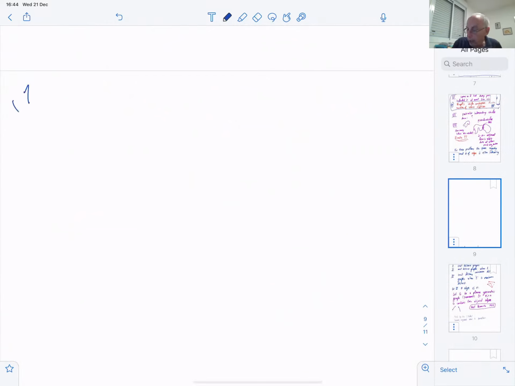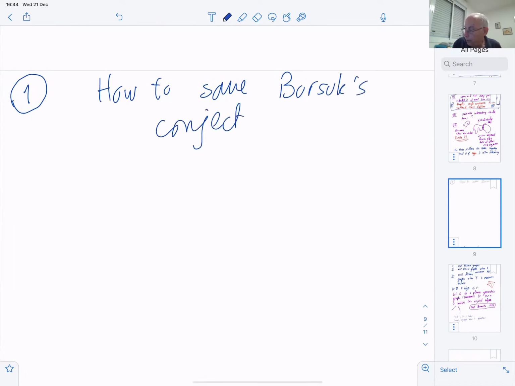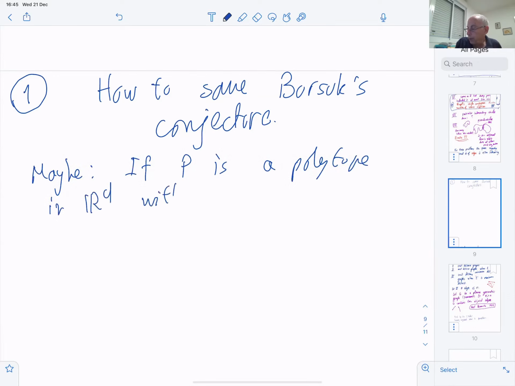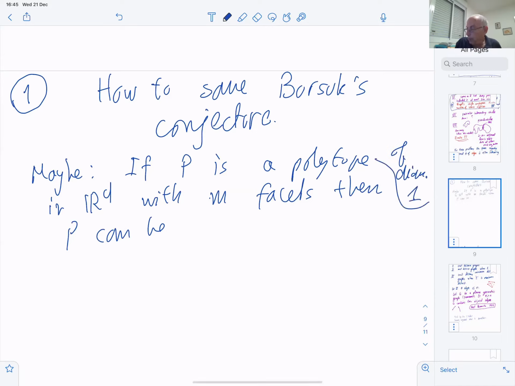One way, which I really like: there is one variant that I don't know if it's false, but maybe if P is a polytope in R^D with M facets, and P is of diameter 1, then P can be covered by M convex sets of smaller diameter.